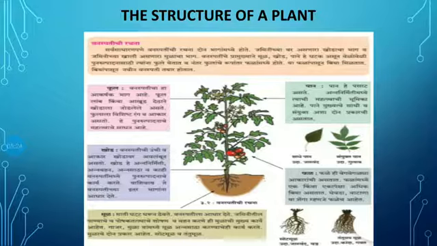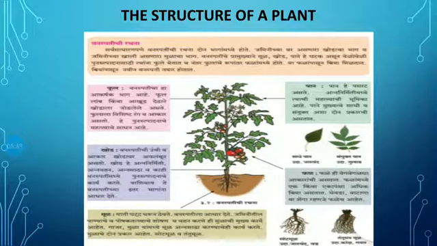Leaves are mainly of two types, simple and compound leaves. You can observe these types of leaves in the picture present on the screen. See, there are two types of leaves. First one is the simple leaf and second one is the compound leaf.